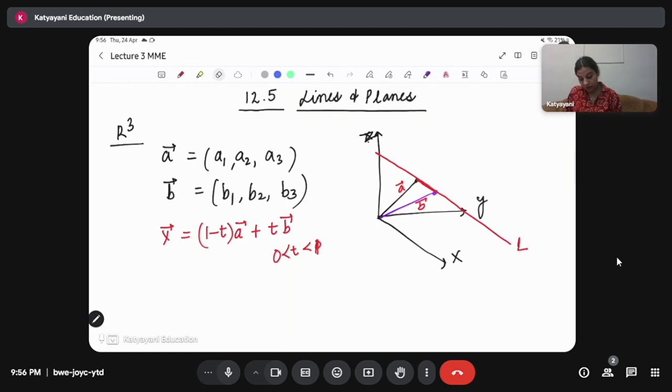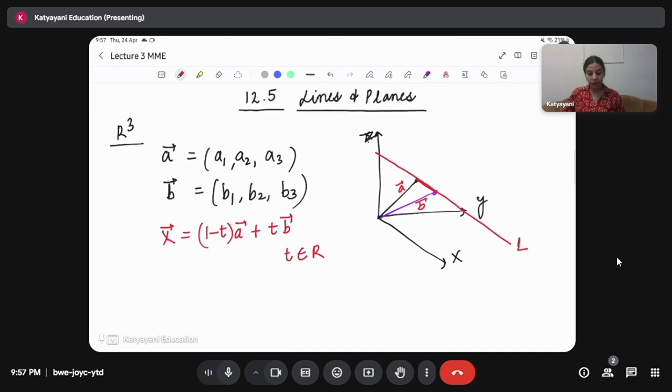If I take t belonging to the real numbers, then this vector x, which is 1 minus t times a plus t times b, would be covering the entire line L here, right? So I can find the equation of the line as x is equal to 1 minus t times the vector a plus t times the vector b.